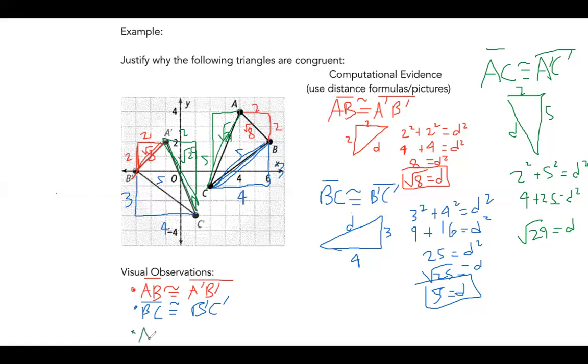And then we're just using our calculations in the diagram. And at the very worst, it's better to even just say, oh, I used the Pythagorean theorem to show that the sides are congruent.